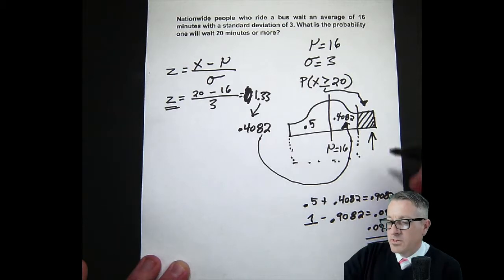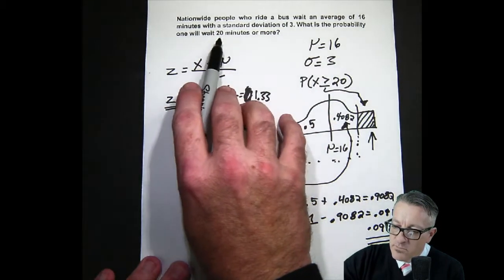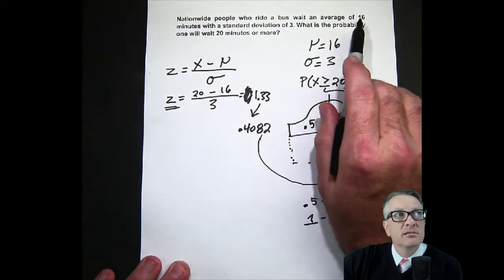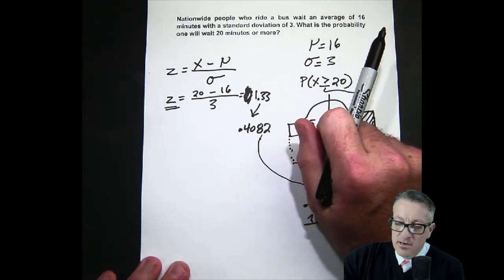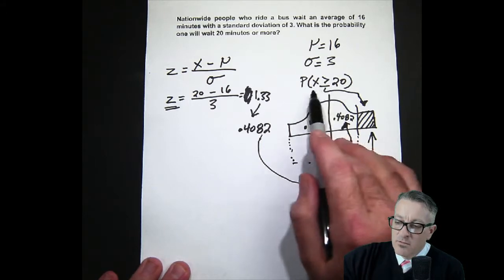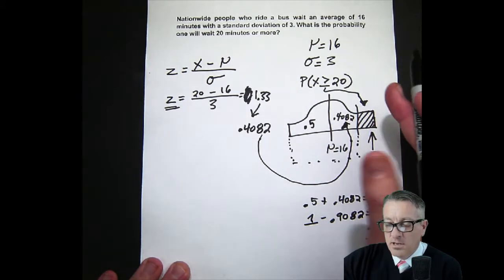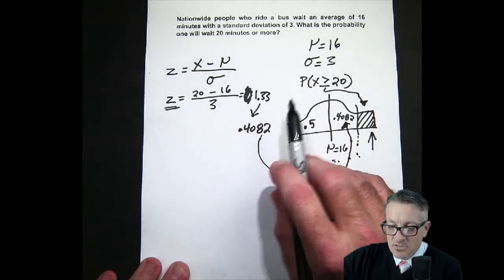That is the probability for waiting 20 minutes or more when the average is 16 minutes with a standard deviation of 3. Now you can look at it another way. Essentially what we solved right here is 20 minutes or more. So the other side of the coin is, what would it be if we were to wait less than 20 minutes?